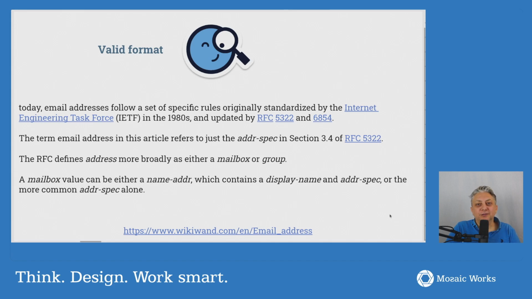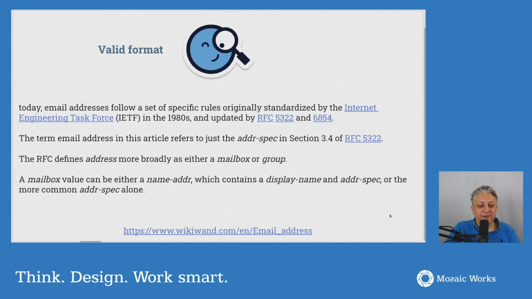This sounds already very boring, I'm pretty sure. What makes it even more difficult is if you try to read this, they don't talk in the usual terms that we are used to. When we talk about an email address, we're just talking about the ADDR-spec in section 3.4 of RFC 5322.